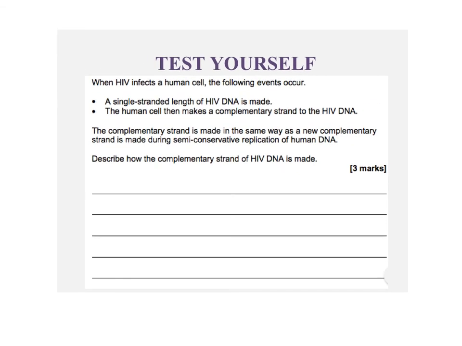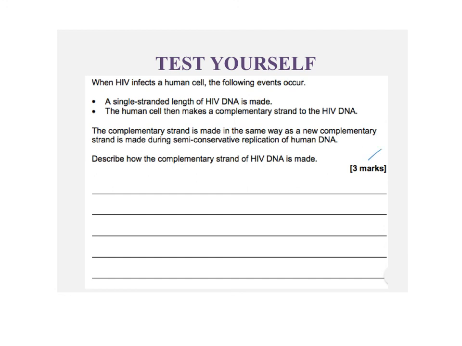Okay, this is potentially a little bit more of a wordy one. So when HIV infects a human cell, the following events occur. A single-stranded length of HIV DNA is made, and the human cell then makes a complementary strand to the HIV DNA. The complementary strand is made in the same way as a new complementary strand is made during semi-conservative replication of human DNA. Describe how the complementary strand of HIV DNA is made.